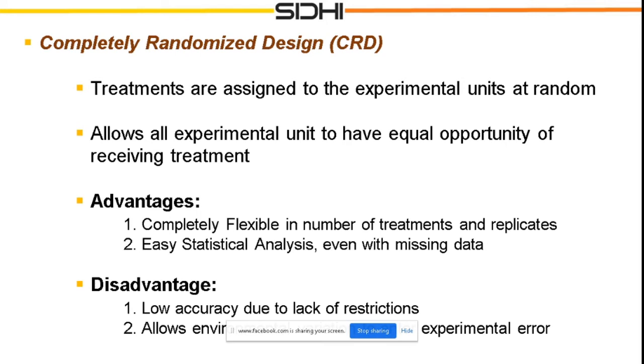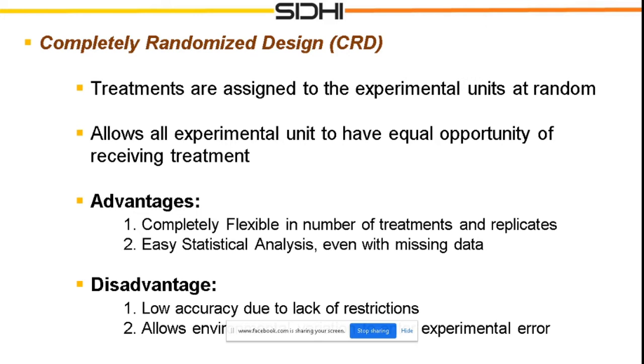What are the disadvantages? Of course, low accuracy due to lack of restrictions, and allows environmental variations to enter your experimental error. So, hindi mo pwedeng gamitin ang CRD, or there is a restriction in using CRD if there are environmental factors at play. For example, if you will do your experiment outside, that the conditions are not homogeneous, CRD is not the best option for you.